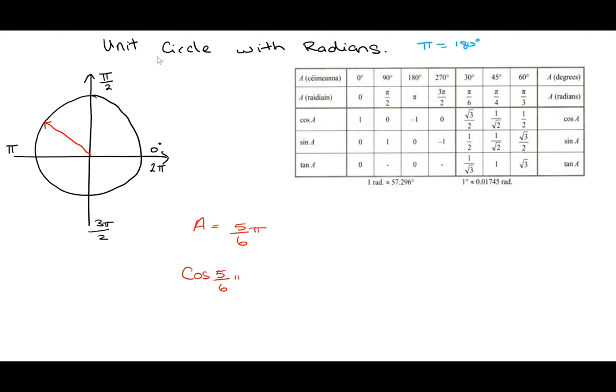5 over 6 pi. The first thing I have to do is I need to know what this reference angle is. The same as last time, I'm looking for the difference between 5 over 6 pi and 1 pi.